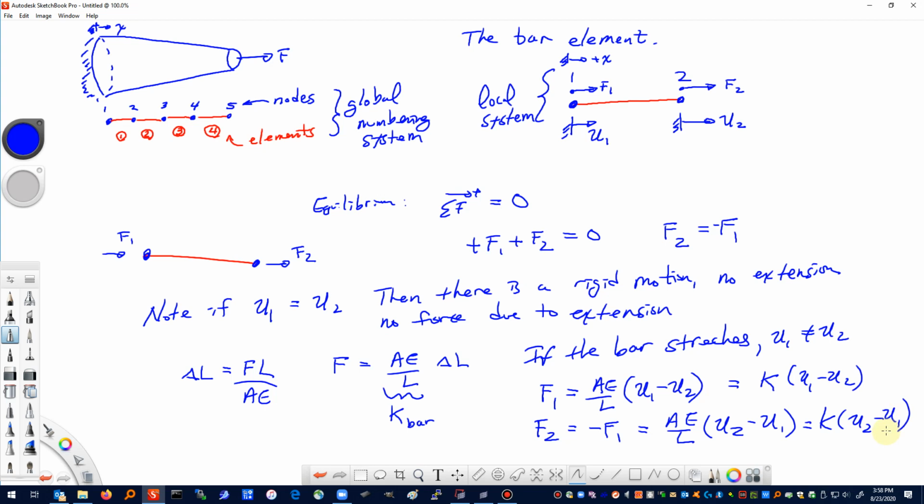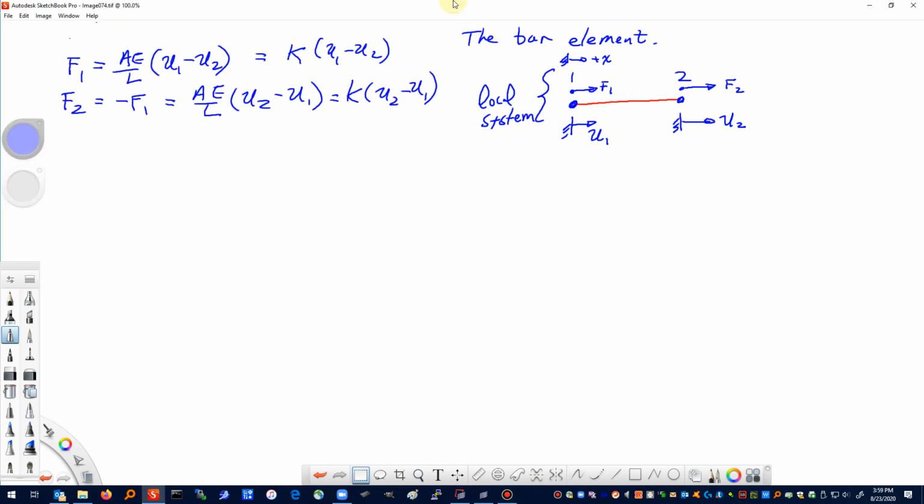Let's take a look at those equations. Let's make a little bit of room. Alright, so this kind of begs for us to write this in a matrix format. You know, matrices can represent systems of equations. So let's do it this way. Let's put the forces over on the left-hand side, F1 and F2.